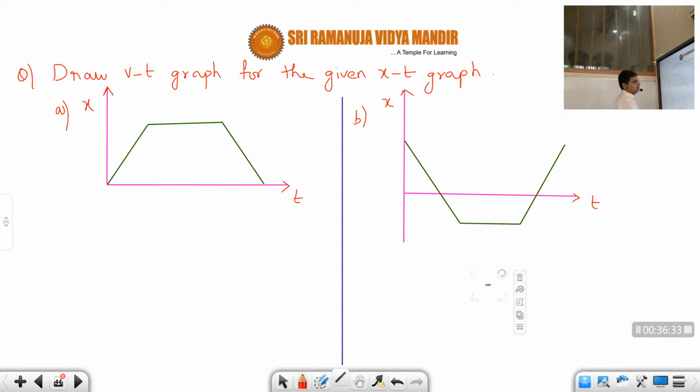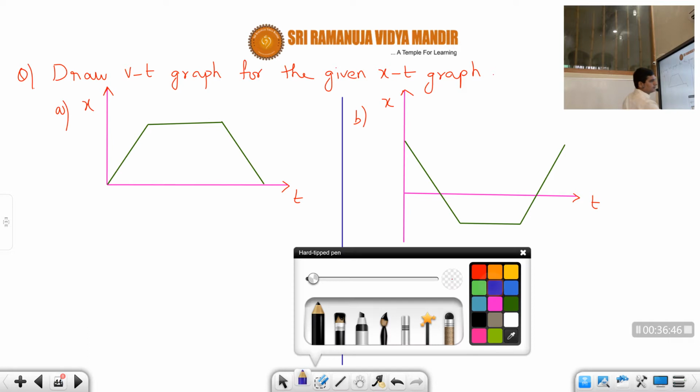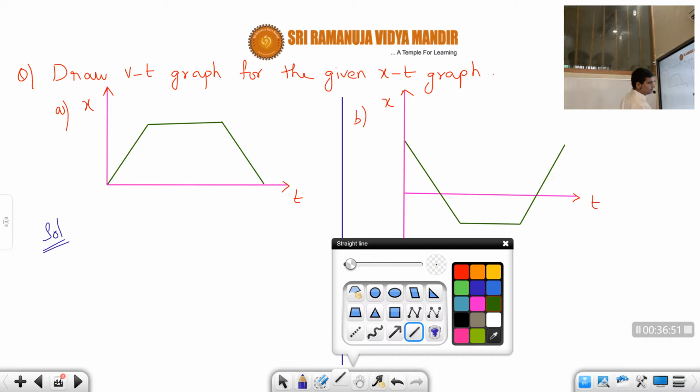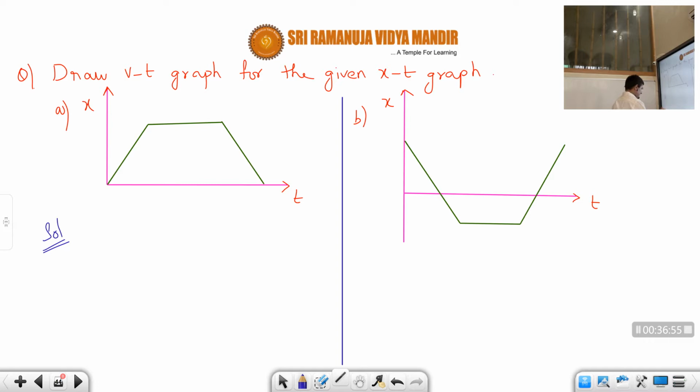Okay, so now these are the given xt graphs. Now you are asked to draw the vt graph. So now how to draw? Just very easy. Whenever you are asked to draw the vt graph, you just have to find the slope of the xt graph. That's all. So now let us draw the vt graph, students. First, let us say this is v and this is t.